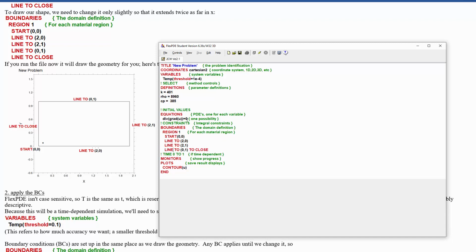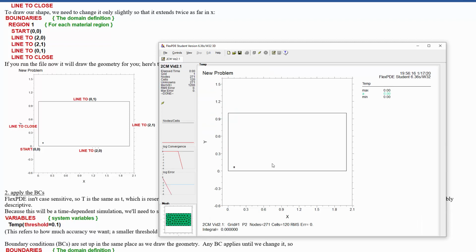By the way, the built-in differential equation, we can just put it in terms of the temperature rather than the u that was there, and we can just put a contour of the temperature rather than u, and now we should be able to run this code and check what geometry we've made if you want to practice with that. So Control R, yeah, all right, so this is the geometry that we want.